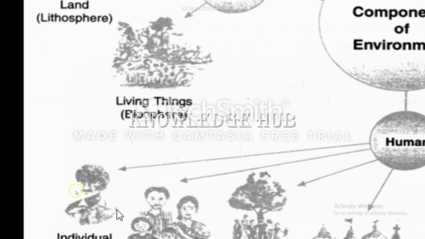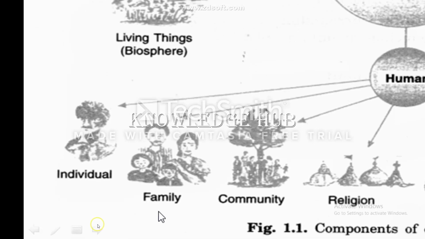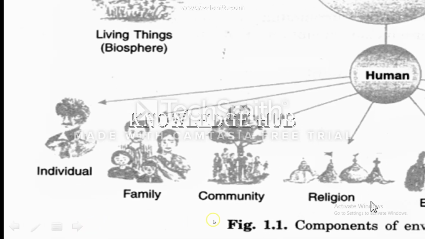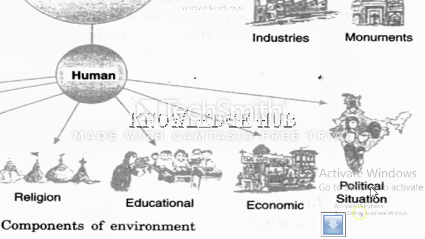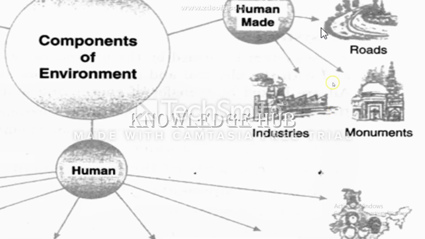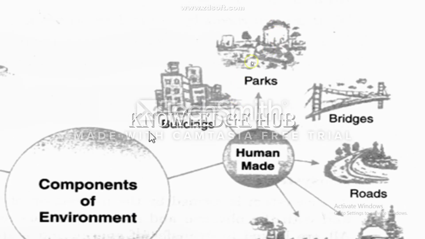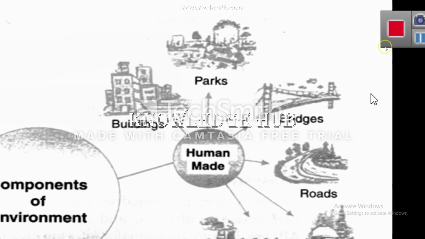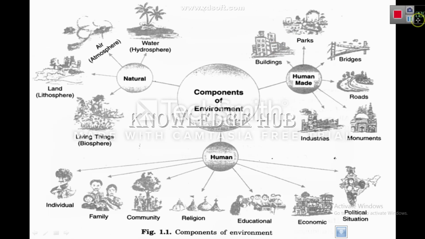Similarly, human environment is also divided into many things such as individual, family, community, religion, educational, economic, and political situation. Similarly, human-made environment is also divided into various things such as building, park, bridge, road, monuments, industry. It means whatever is human-made is included in the human-made environment.